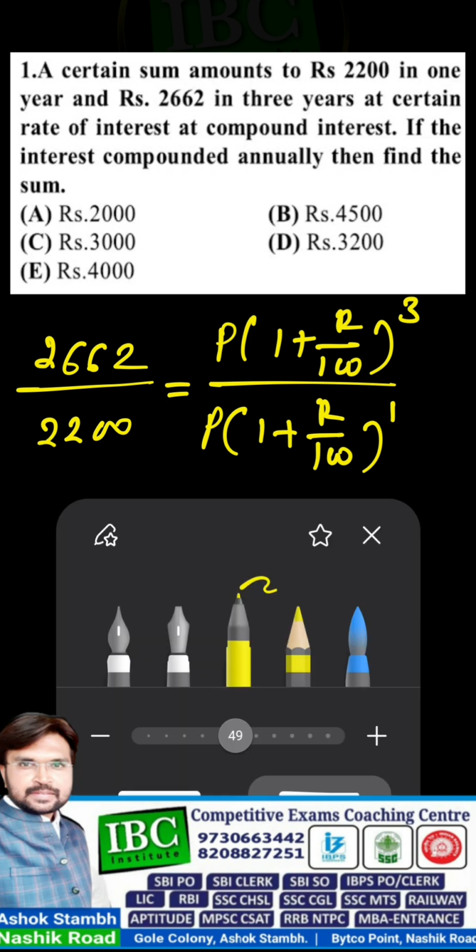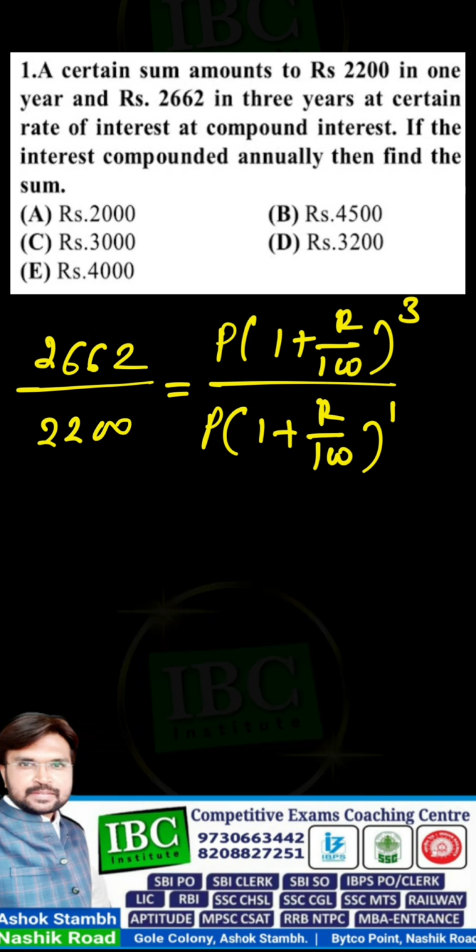So after solving this equation, you first divide by 2, then you can divide by 11, and it will become 100.